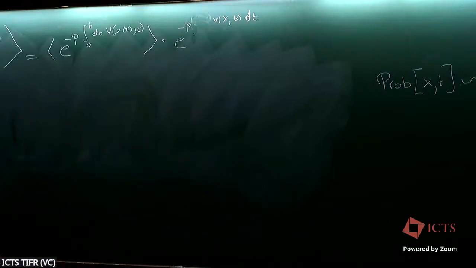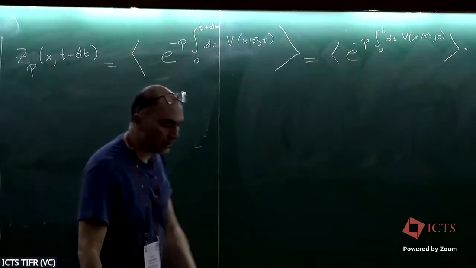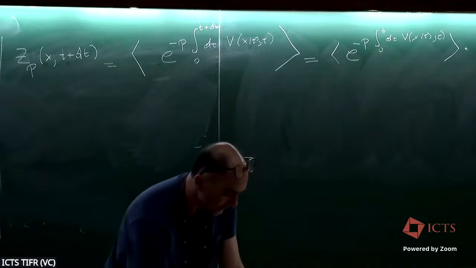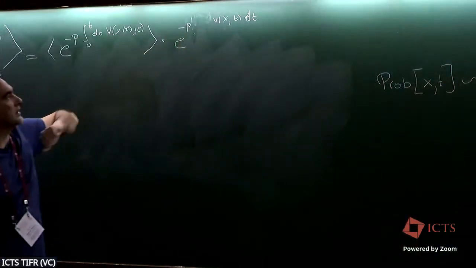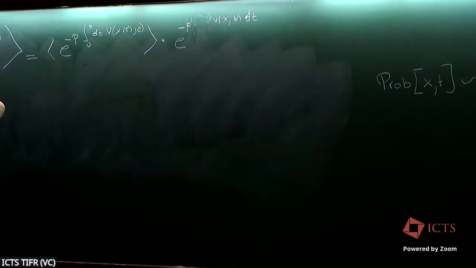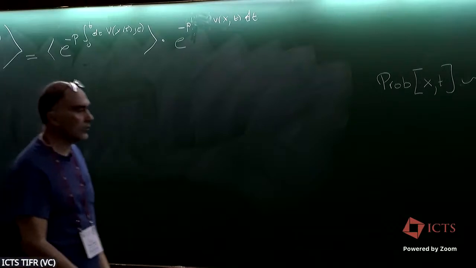So I have, because there was the condition that at the end I have to reach the position x. So at the order dt, this is the last piece, and this is the rest of the path from 0 to t. Okay? So I'm considering the path starting at 0, all the path.